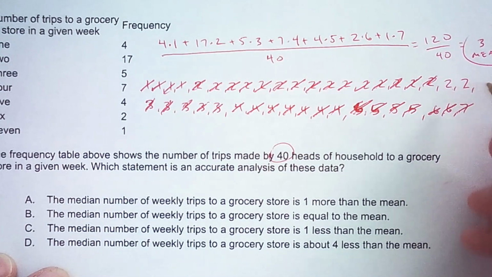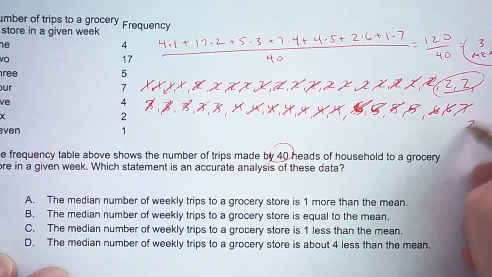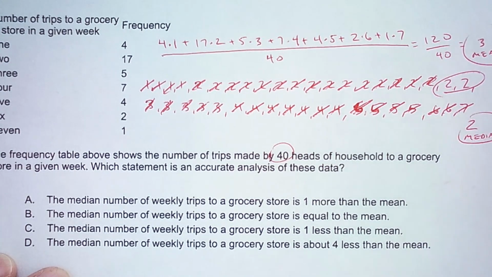And it looks like I've got 2 numbers in the middle here. They are both 2s. I take the average of those, and a 2 and a 2, the average is going to be 2. So 2 is the median.